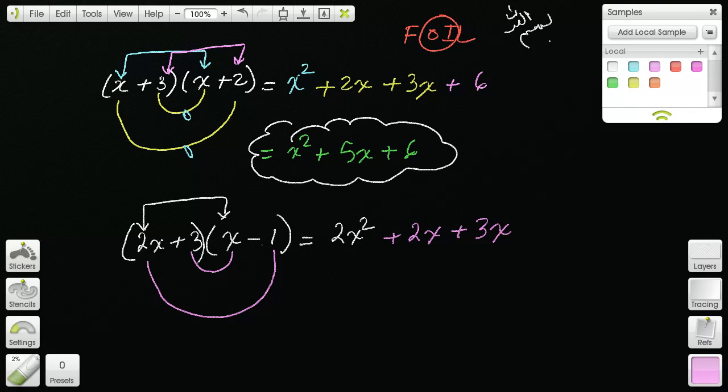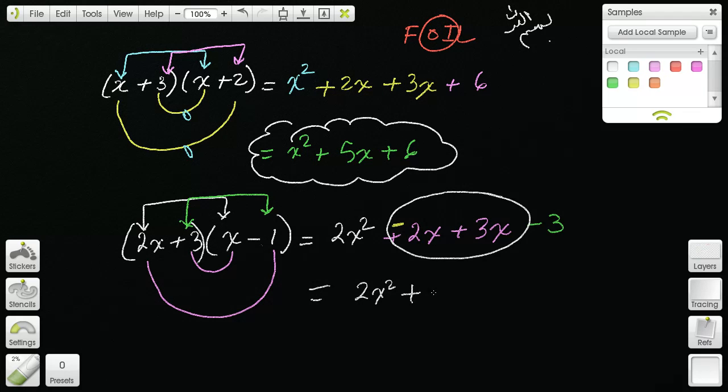I hope you caught that. This is negative 2x. I was just checking on you. So outer is negative 2x. Inner is 3x. And last is negative 3. So first, outer, inner, and last. And then you combine these two like terms. Then you get 2x squared plus x minus 3.